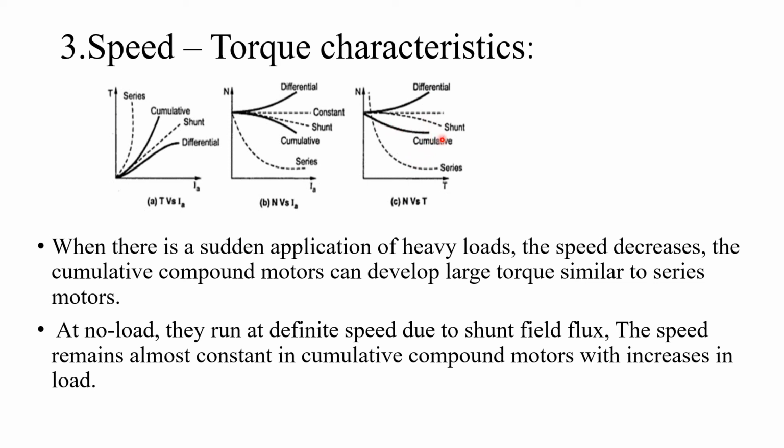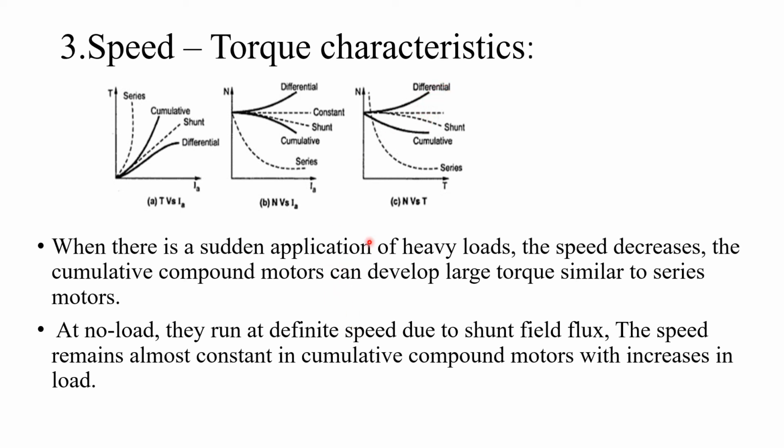But for series machines, when the load increases, the speed will decrease. Due to the presence of the shunt field windings, the speed will not decrease drastically in the case of cumulative machines. It will exhibit a constant speed like DC shunt motors. But for differential compound machines, it will be like here, because the flux is reduced when the machine is loaded.